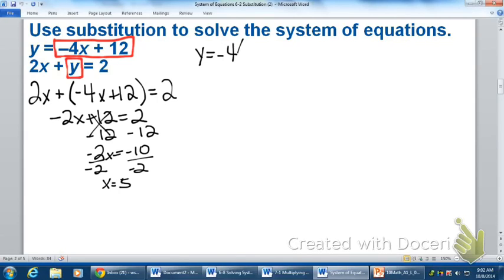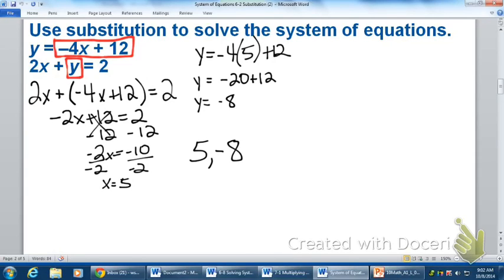What is my x value? 5. Good. Plus 12. That gives me a negative 20. That leaves me with a negative 8. So the point at which they intersect, or their solution, is 5 and negative 8.